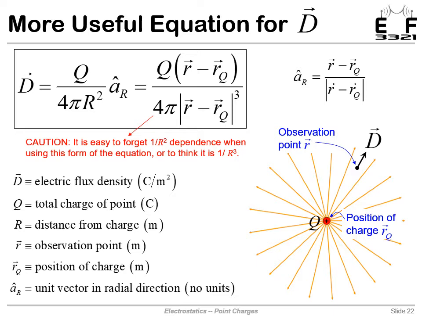And looking at this, you could get confused and say, oh, there's a 1 over r cubed dependence, and that's not true. One of those gets canceled by the magnitude up here, and it is truly an r squared dependence. So in the end, I prefer this first expression for just loose thinking and understanding the dependence of r squared and the direction of things. And the second equation I prefer when I'm doing calculations. So just be cautious of that.